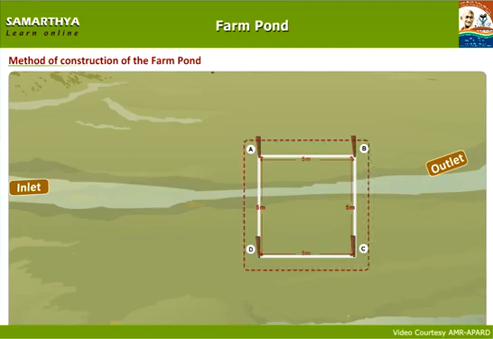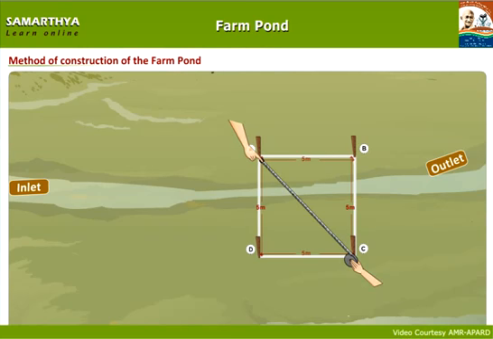See that the distance is 5 meters on all 4 sides, and from one corner to the other, that is, from A to C and B to D, is 7.07 meters.